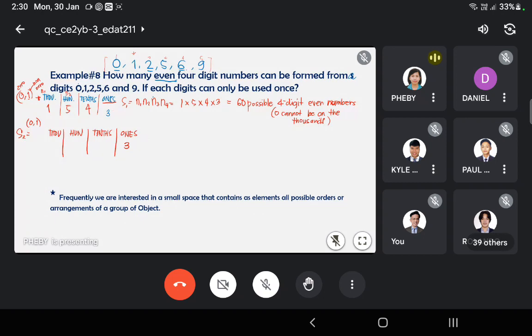So dito lang sa ating thousands. So sa 1,000 place natin, 0 or non-zero, pwede siyang i-consider. So, kahit 0 yung, ibig sabihin, bibilangin natin yung 4-digit number na 0 yung umpisa. So, pwedeng 0 or non-zero.